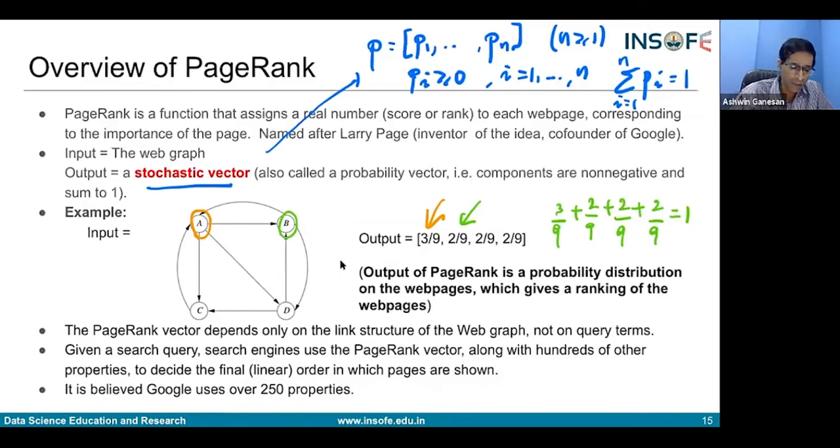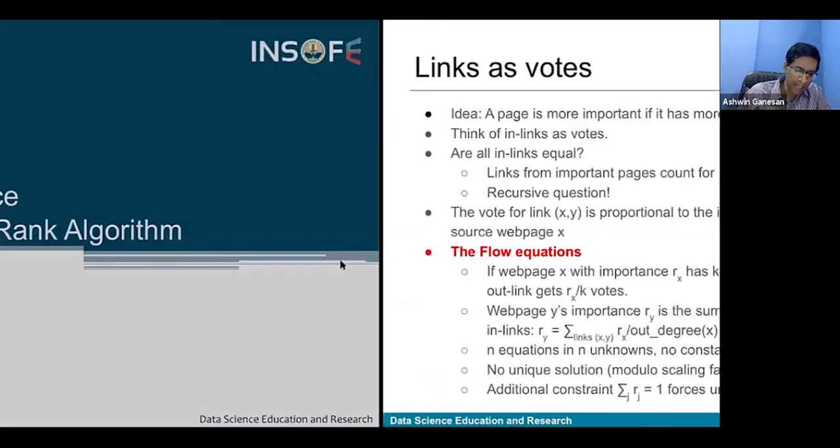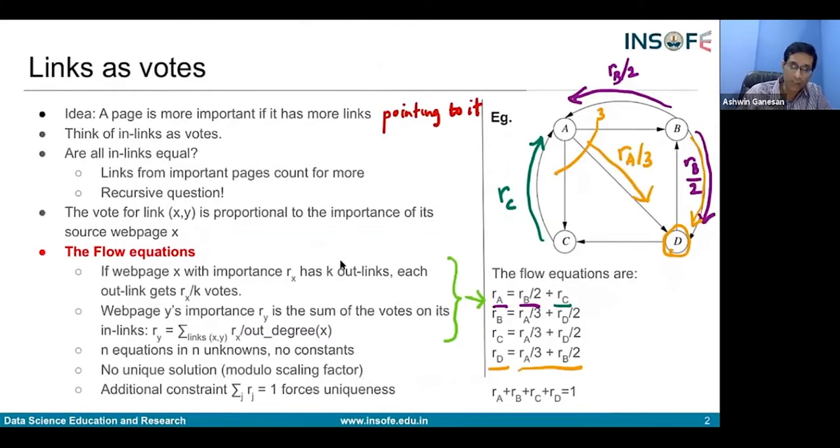So the question is, how do we go from the link structure of the web graph to determining the importance of the various web pages? Last time we looked at an algorithm called the idealized PageRank algorithm, which took a web graph as its input and outputs a probability vector in the following manner. You first compute what are called the flow equations.